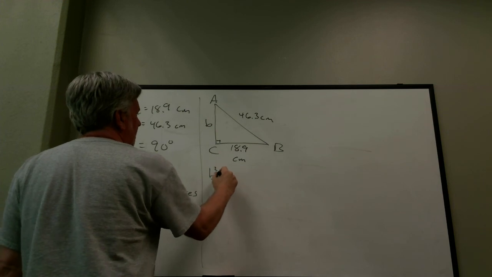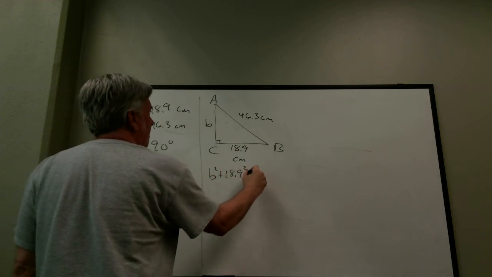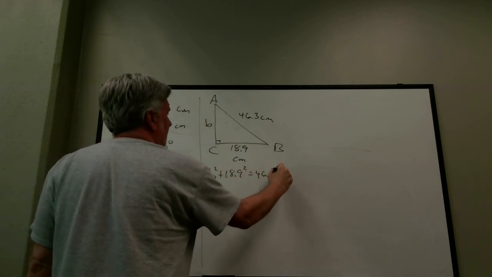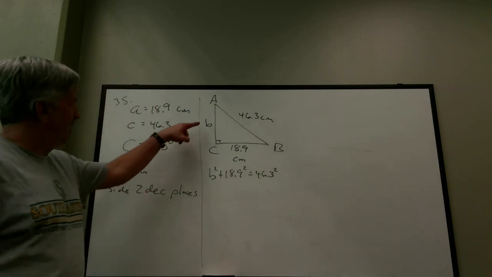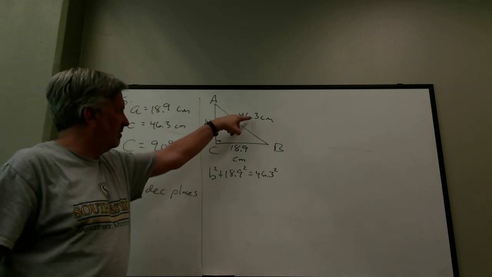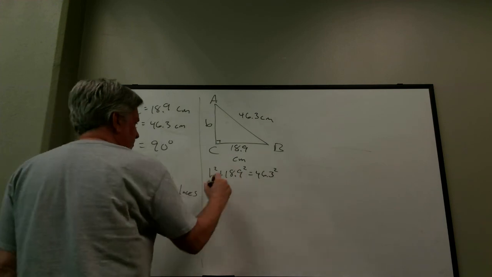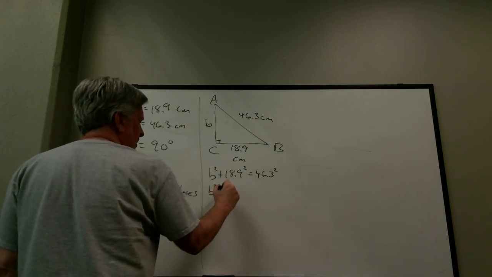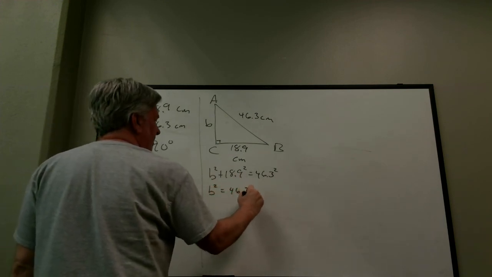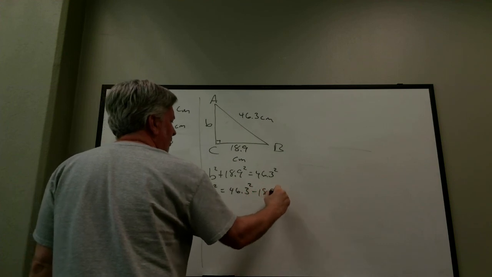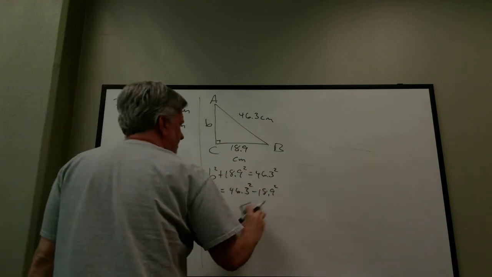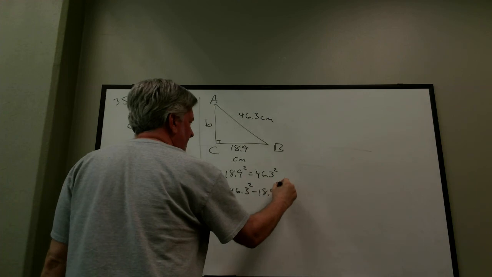So b squared plus 18.9 squared is 46.3 squared. Right. The length of the leg squared plus length of the leg squared is length of the hypotenuse squared. So if I subtract 18.9 squared from both sides, I get 46.3 squared minus 18.9 squared. I'm just doing it this way instead of typing the whole thing.